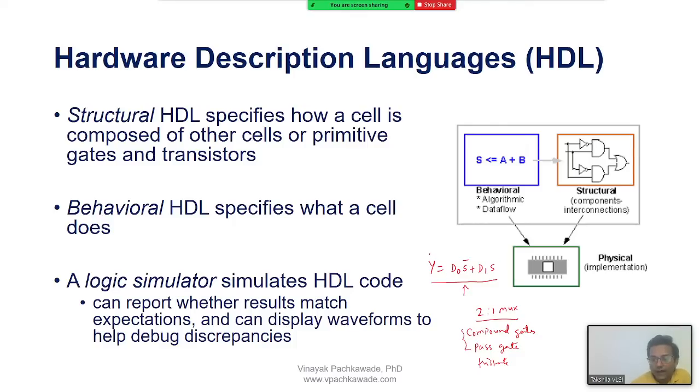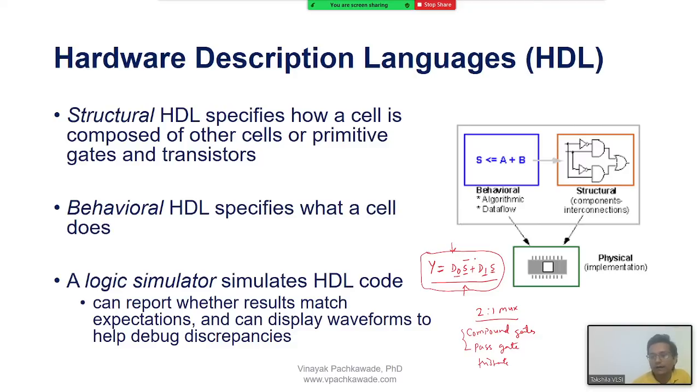When I write a code to define this behavior, what I want is output y equal to ANDing of s bar with the data input d0 or ANDing of s with the data input d1.